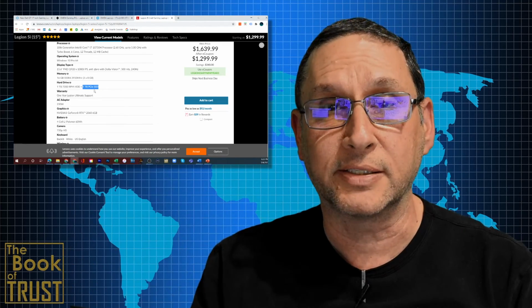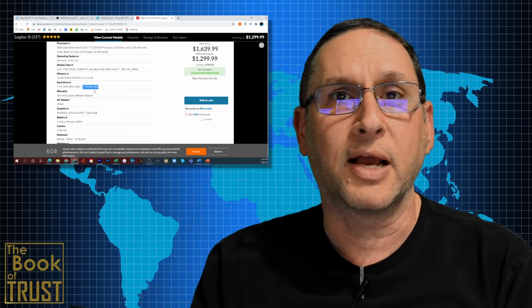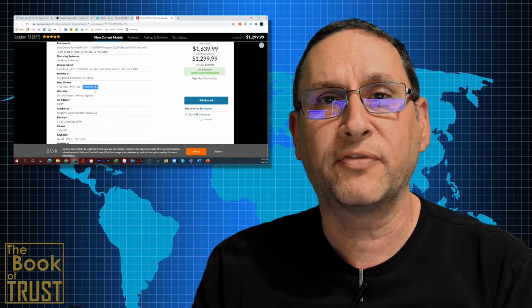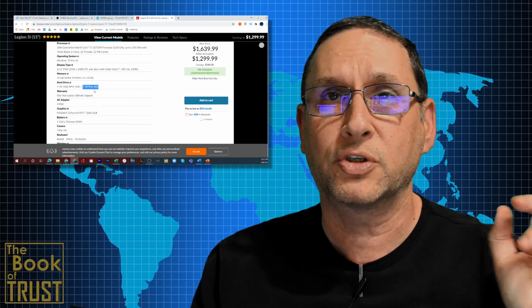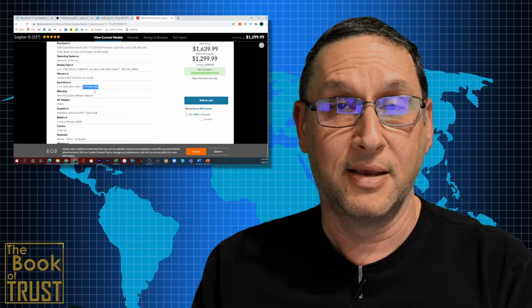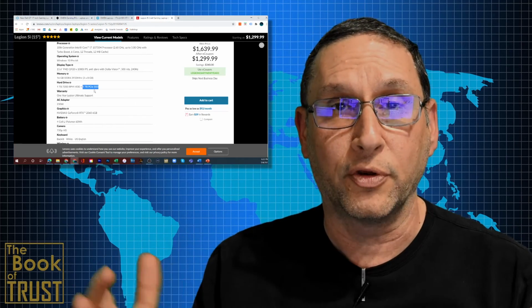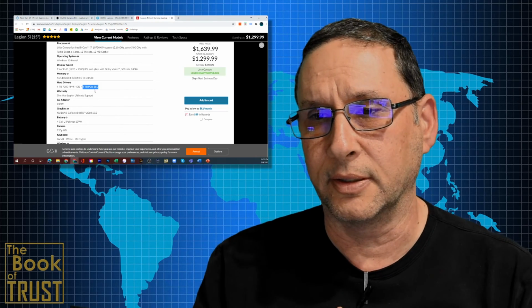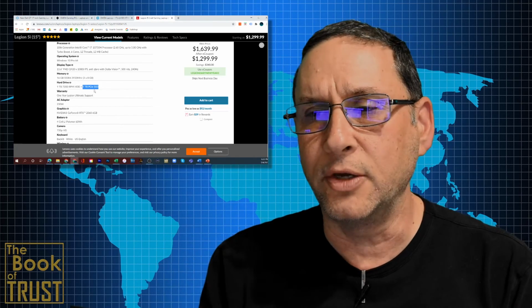You only need one disk. The computers I got my daughters and my wife have 512 gigabytes. That's enough. Actually, both my daughters' computers have 256 gigabytes, and it's enough for them for their college applications and the applications that they use.